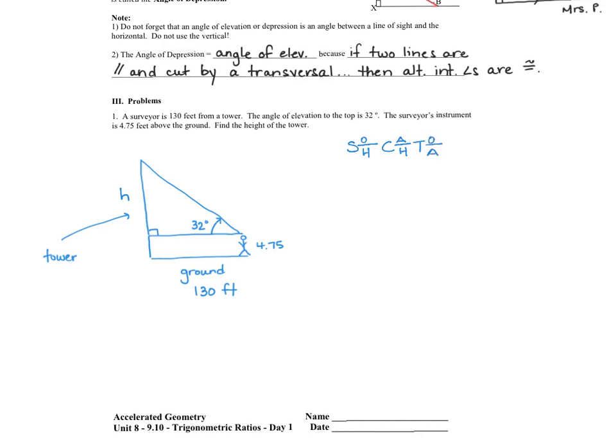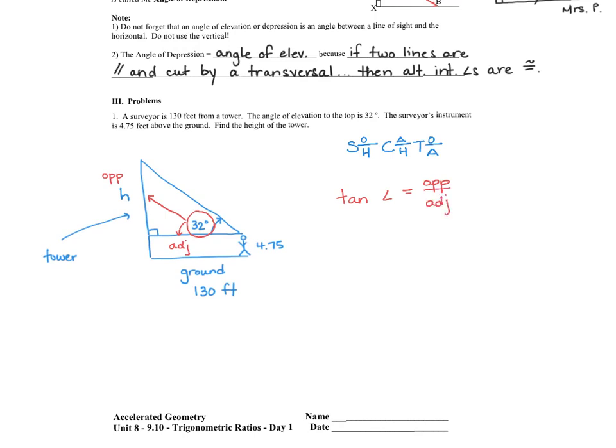And relative to what I need for this problem, if this is the angle I'm going to work with, I'm looking for the height, which is the opposite, and I have the distance, which is the adjacent. Opposite and adjacent deal with tangent, so I have tangent of the angle equals opposite over adjacent.